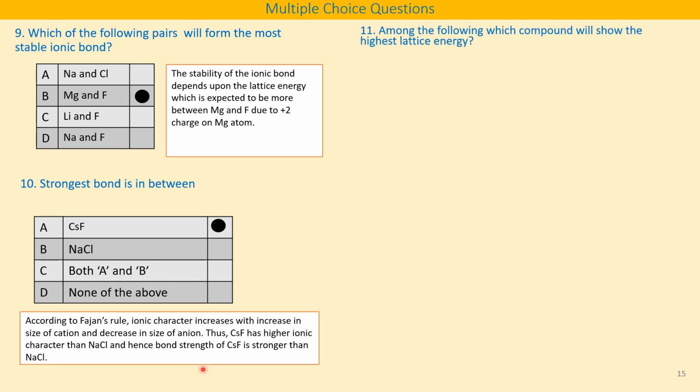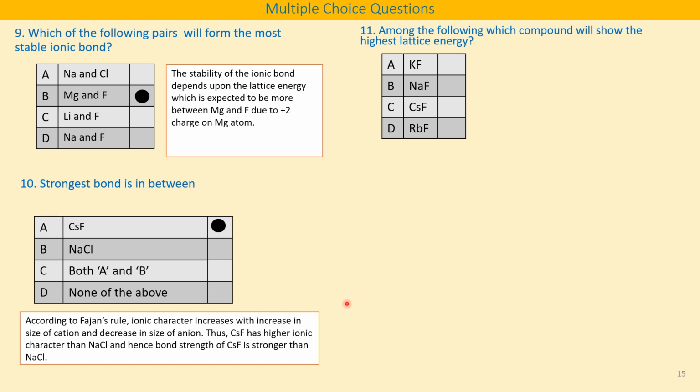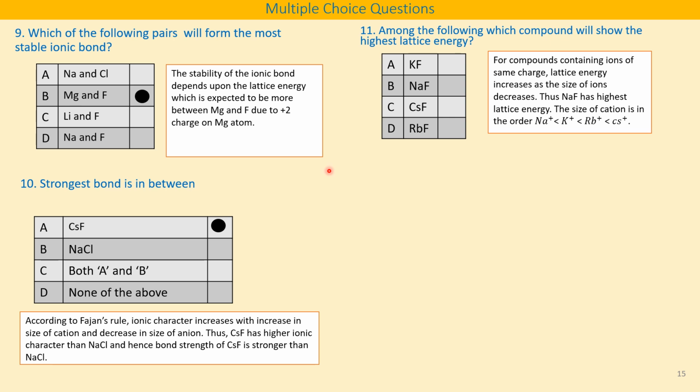Among the following, which compound will show the highest lattice energy? Options are A, KF, option B, NaF, option C, CsF, and option D, RbF. For compounds containing ions of the same charge, lattice energy increases as the size of ions decreases.